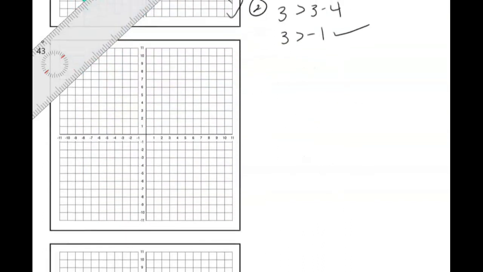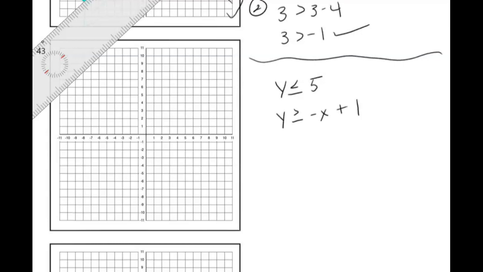All right, so let's try one more, and hopefully you guys are going to be ready to go here. What if we have y less than or equal to 5 and y greater than or equal to negative x plus 1? All right, sometimes the easier ones seem to be more confusing. Like, how do we graph y less than or equal to 5?